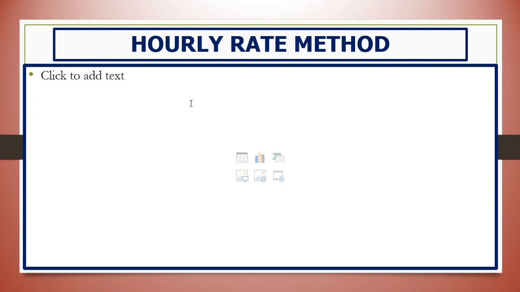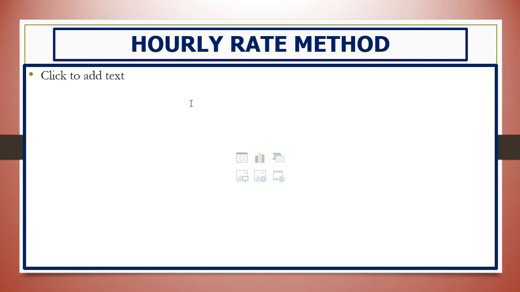How many days are expected to be used by the asset? So now you get the cost minus scrap, that is the depreciable base, divided by the total number of hours or days an asset is expected to be used in a year. In that case, you will get depreciation per day or depreciation per hour.